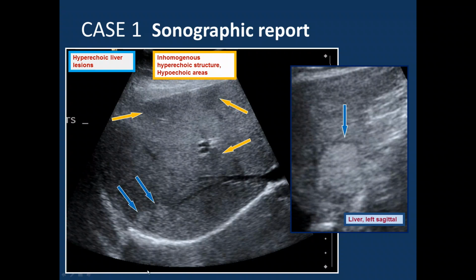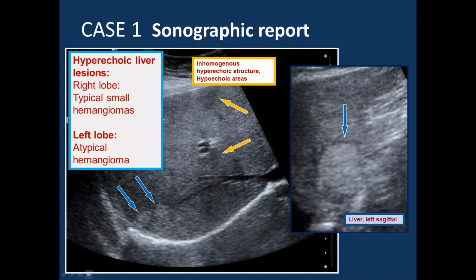So altogether we had as differential diagnosis hemangioma, metastasis, or focal nodular hyperplasia. Of course, it cannot be ruled out, but it would not be common to see them as hyperechoic lesions. So in this case, these were typical hemangiomas already with a follow-up of over 5 years, and they are usually represented as small little rounds between 1 or 2 centimeters.